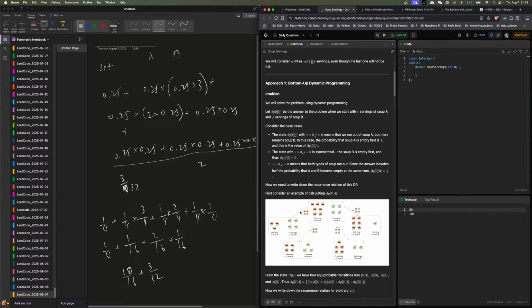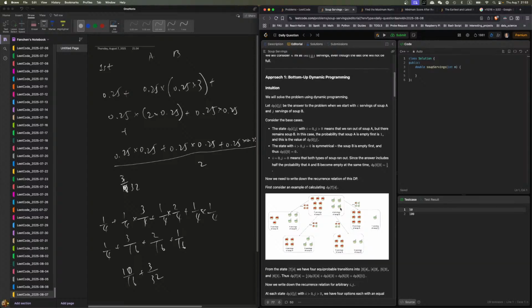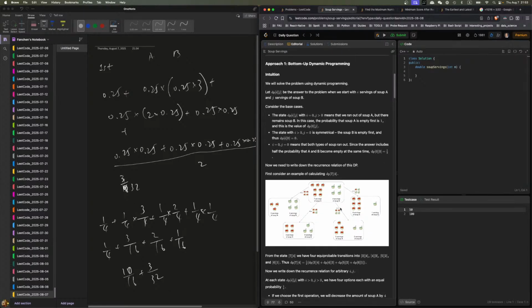The recurrence relationship. Consider an example. Have 7 servings of one and 4 servings of the other. So now we have a transition, right? So we have 4 different transitions to this, and this. Thus, this will equal to the probability of this plus this plus this.